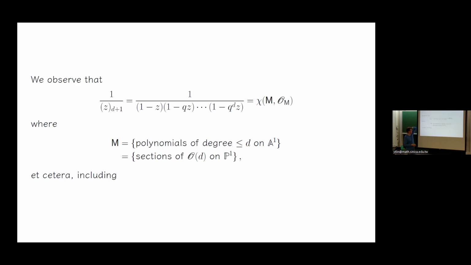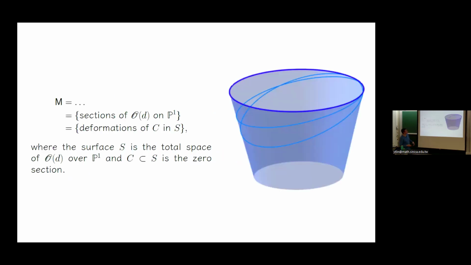That's my line bundle. Again, 1 over this Pochhammer symbol is the character of this finite dimensional vector space formed by sections of O(d) on P1. And maybe think about it slightly more geometrically: this space of sections of O(d) on P1 is also, just by definition, the space of deformation.